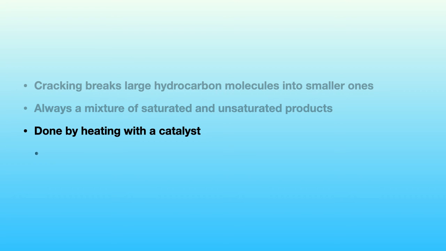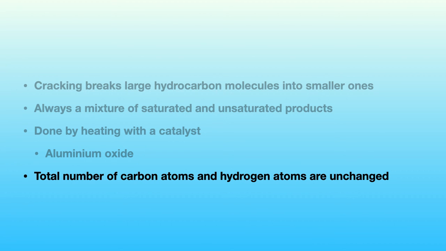Now the catalyst is usually aluminium oxide. As I said, there are others, but aluminium oxide is the most common. And finally, the total number of carbon atoms and hydrogen atoms must be unchanged. So that allows you, if you know 2 of the substances in the equation, to work out the third.